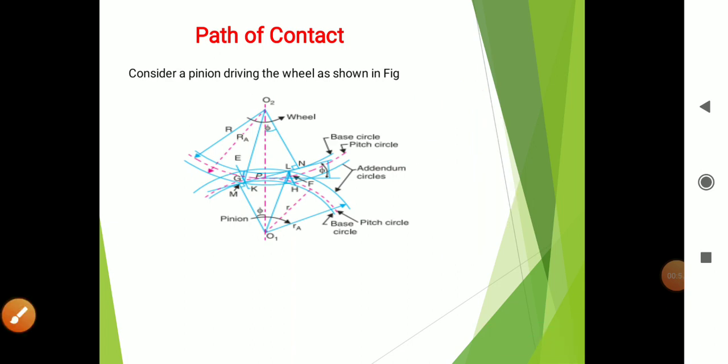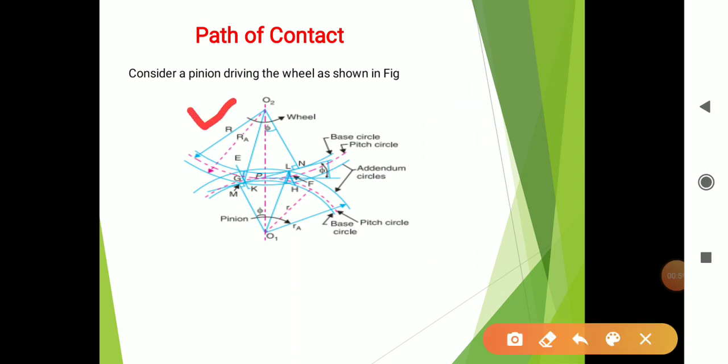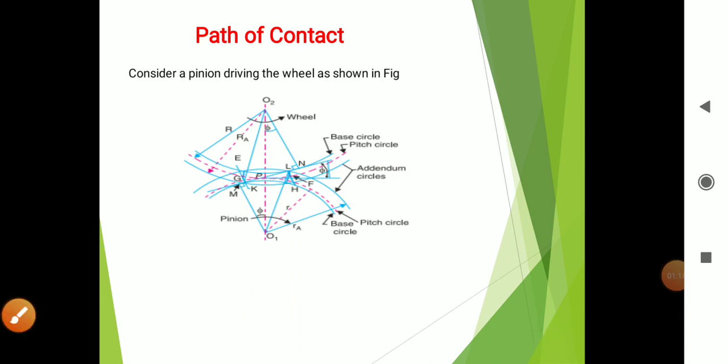So see, this figure shows that R is the radius of the wheel, and RA is the radius of the addendum circle of the wheel. Next, small r is the radius of the pinion, and small ra is the radius of the addendum circle of the pinion.